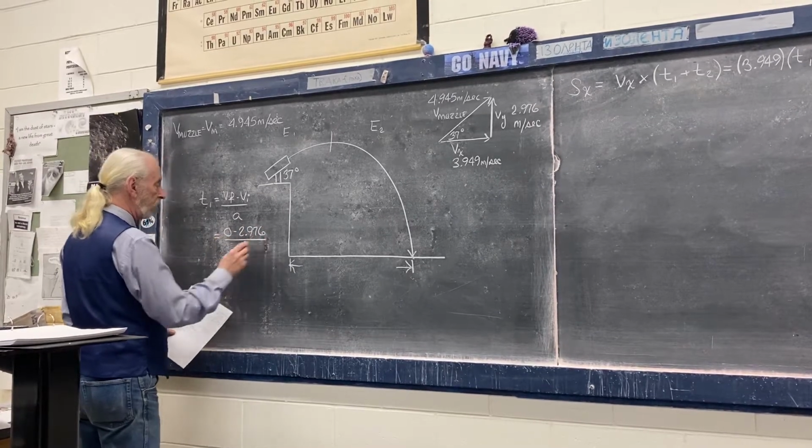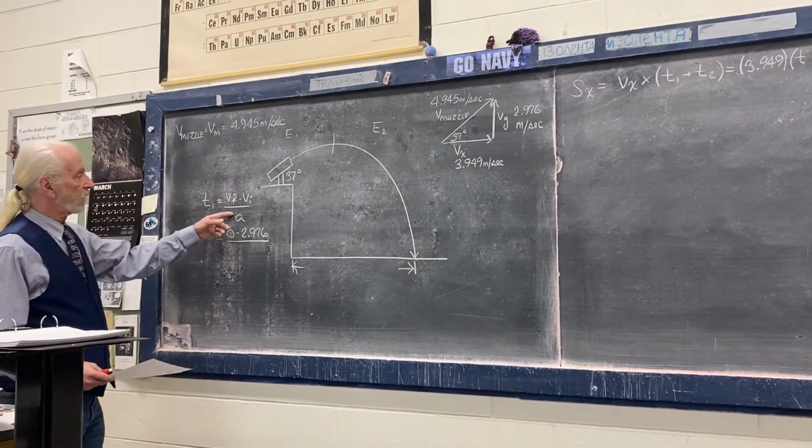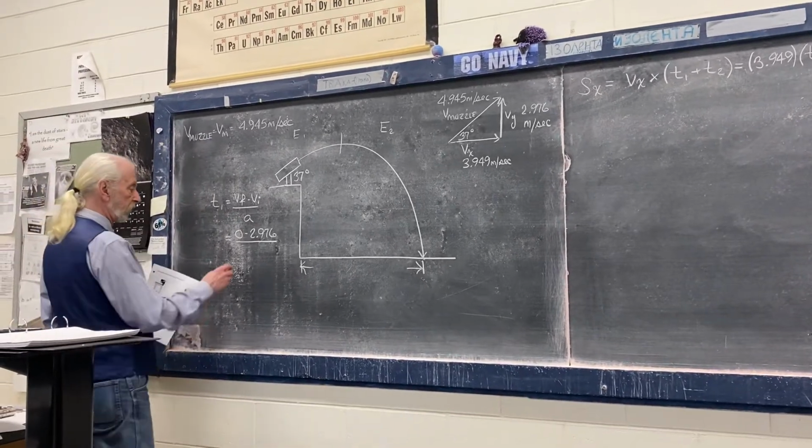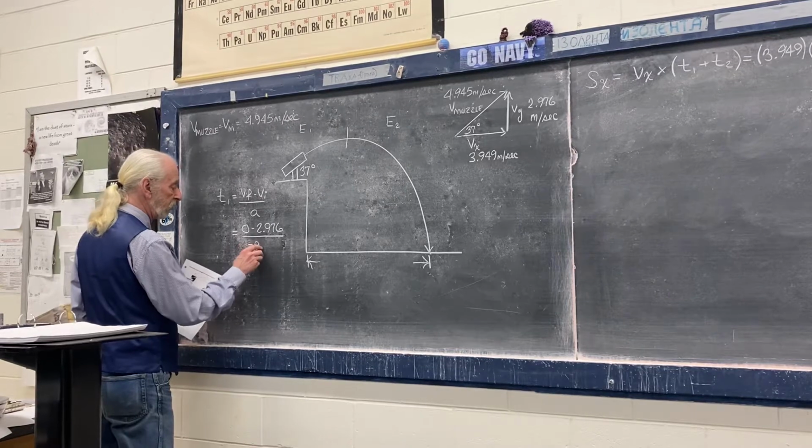And my acceleration of gravity is going to be negative because it's opposing that vector of velocity, negative 9.8.